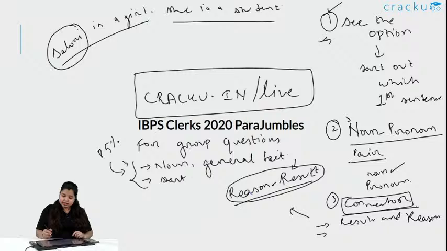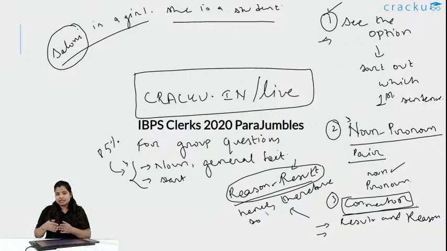Reason and result, this is where you give the reason first and then the result, and what type of connector is used in this? For the reason and result, we have hence, therefore or so, and for result and reason, where you know the result first and then the reason, here we have as and this type of connector. To make it clear, let us take an example again.